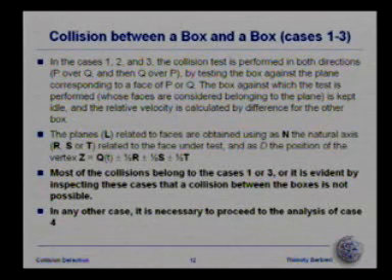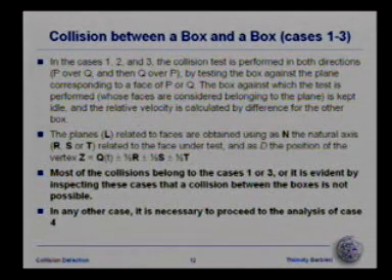In this case, you will have to do, as I told you, 6 tests, because you have minus r plus r, minus s plus s, minus t plus t. And if you have a positive test, then you can find the position of the collision and check if the coordinates of the collision happen to fall inside the actual face of the box.